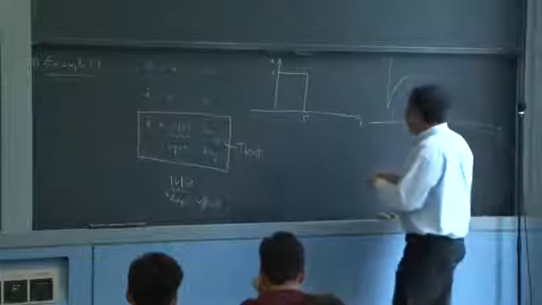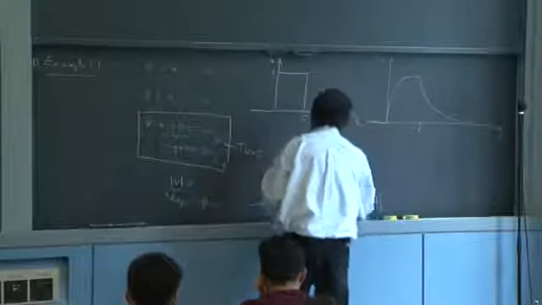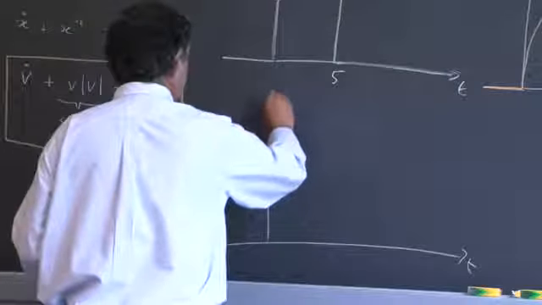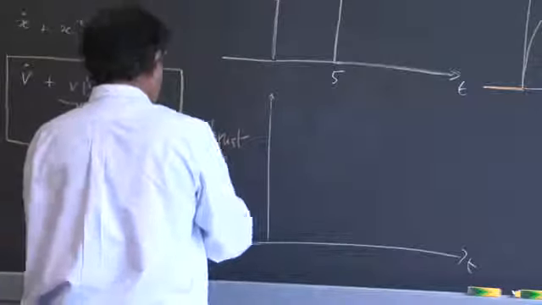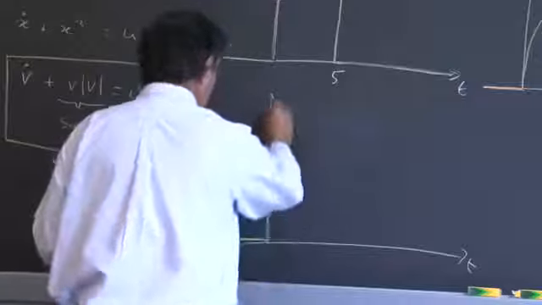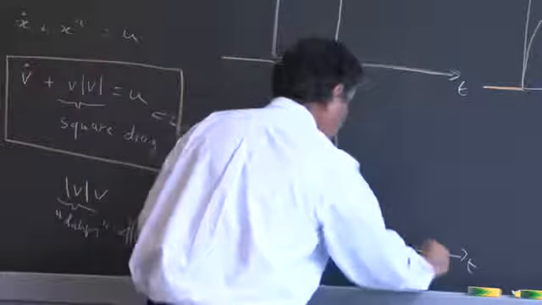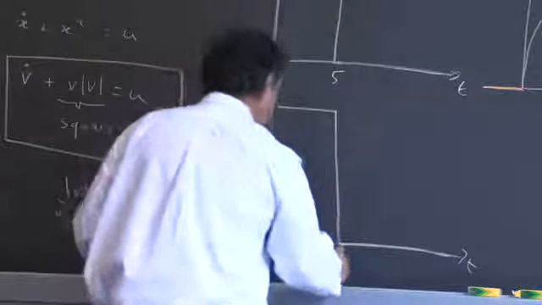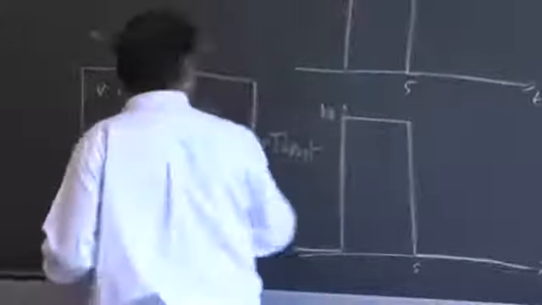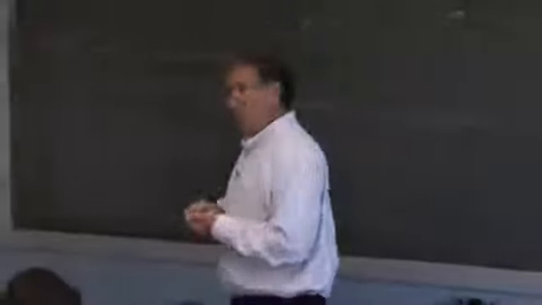Now, suppose I do the same experiment here. This drawing is not to scale. But suppose I do the same experiment now, except instead of having a maximum thrust of 1, I put a maximum thrust of 10.